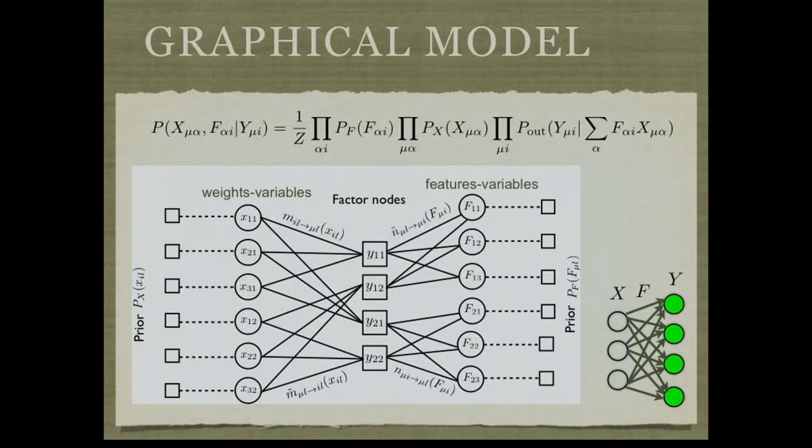The picture one draws when explaining a neural network is not the factor graph. The factor graph is a little different. The y's are not variables, they are the checks, and the f and x are both variables. These connections are where in the posterior these variables appear together with the checks, and the priors are represented here.